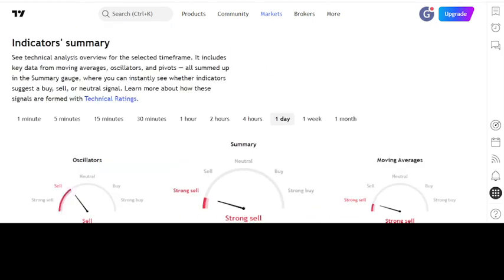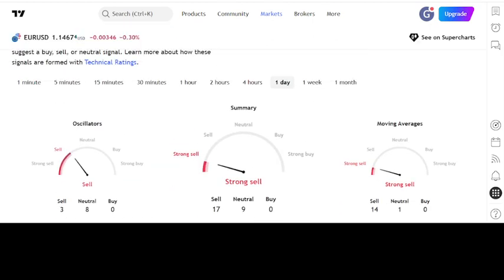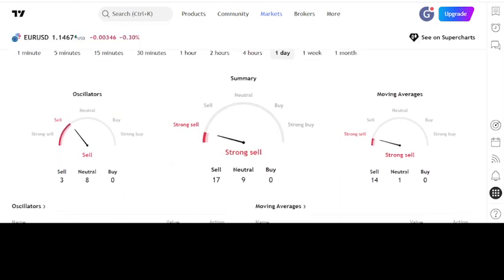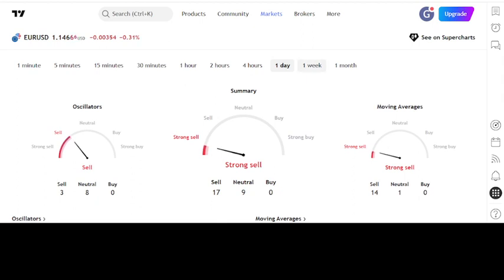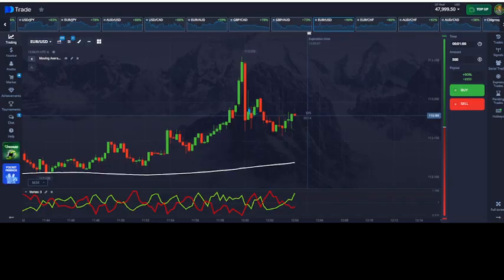Once again, when you load it, it's set to 1 day, but we're going to be focusing on the 1 minute charts. Okay, so the summary is giving us a sell signal here.